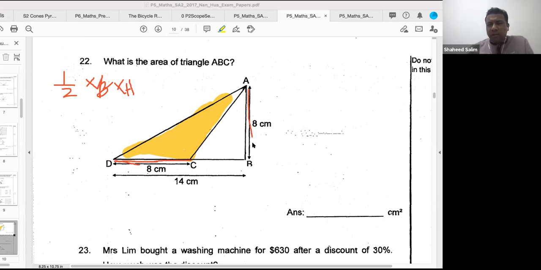Your height is here. Half times 8 times height is how much? Half of 8 is 4. You can cancel it. 4 times 8 is 32. So 32 square cm. All right, we move on now.